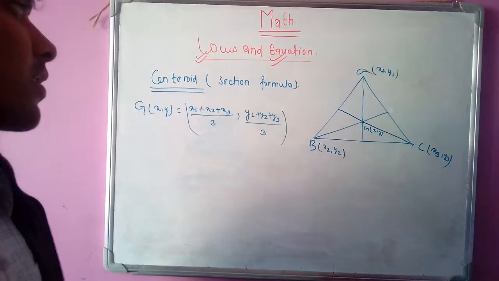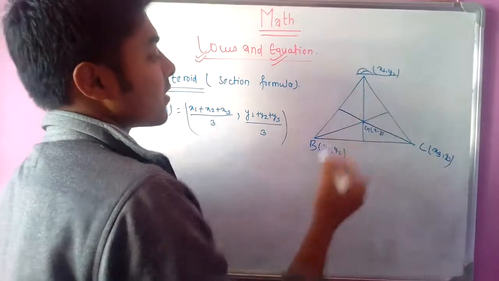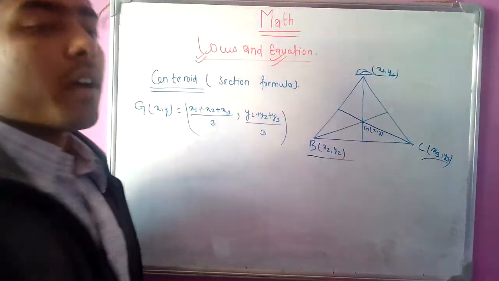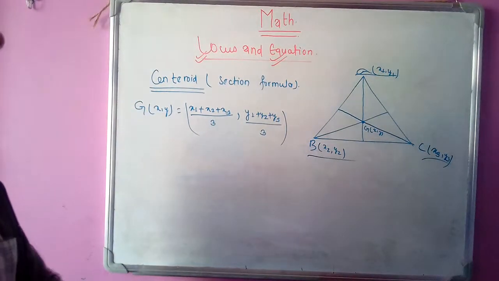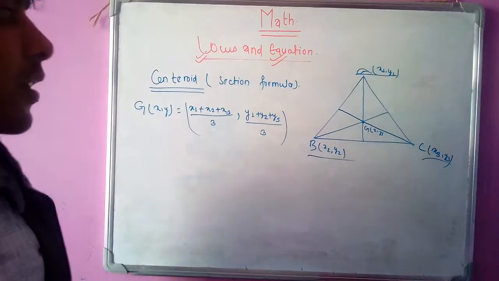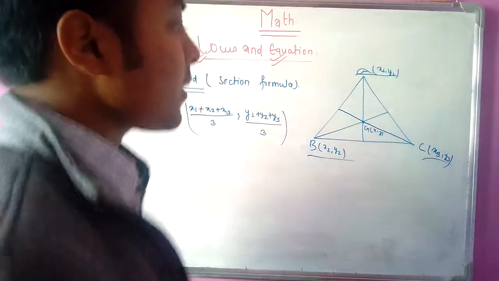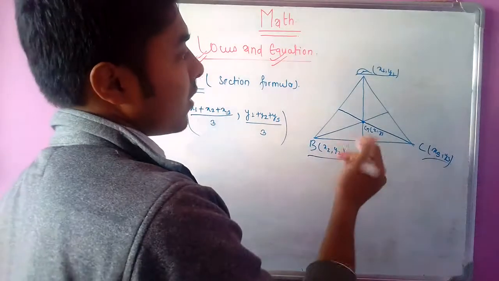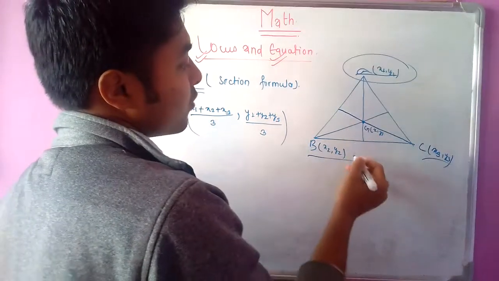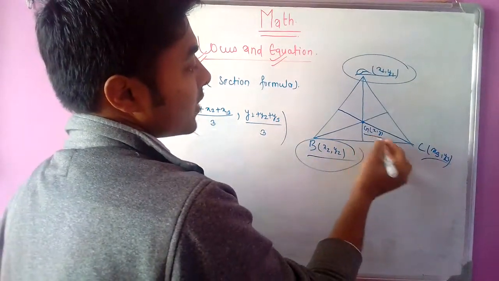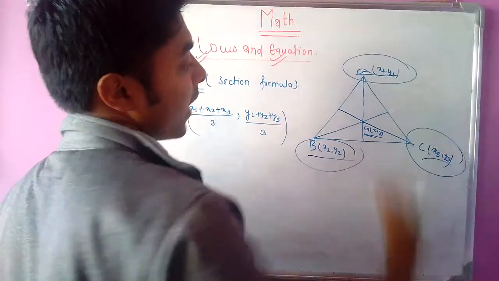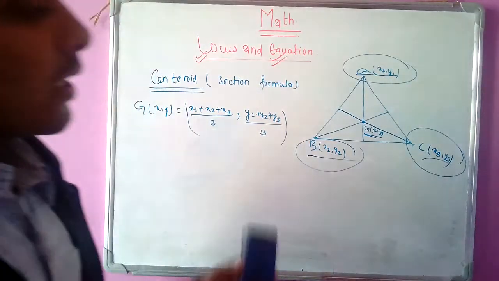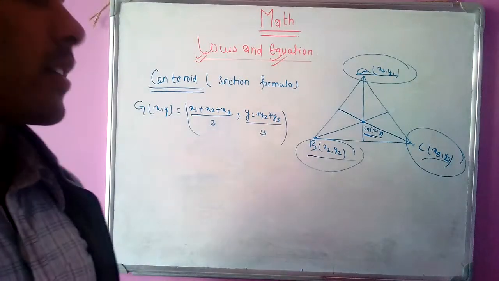In the question, we are generally given the vertices of the triangle, and we have to find the centroid, or we can be given two vertices of the triangle and a centroid, and asked to find the third vertex.